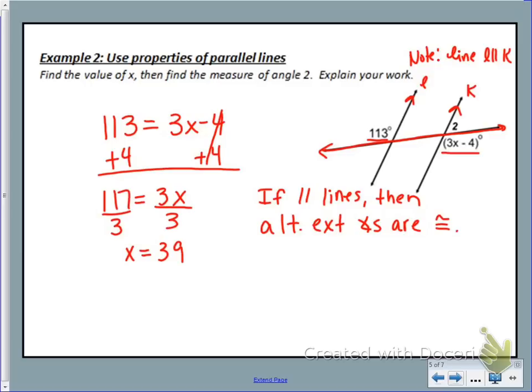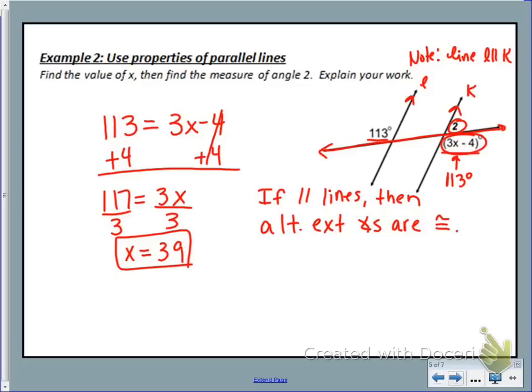So it said find the value of x. We did that. Then find the measure of angle 2. If we look at this piece of information, we already said that this particular angle was the same as 113 degrees. If we were to input x into this equation, 3 times 39 minus 4 would be 113 degrees. We need to find angle 2. So now we need to consider what is true about this angle and this angle.